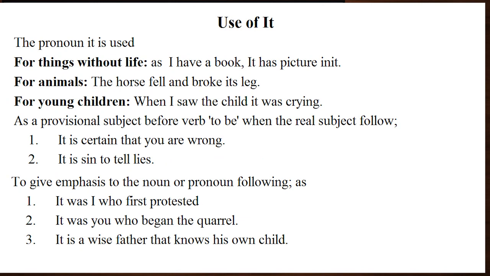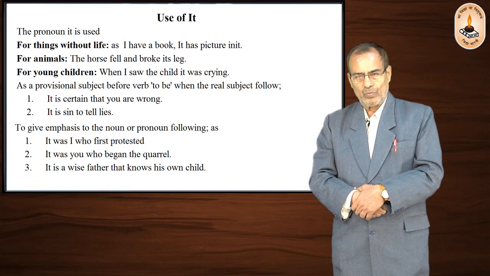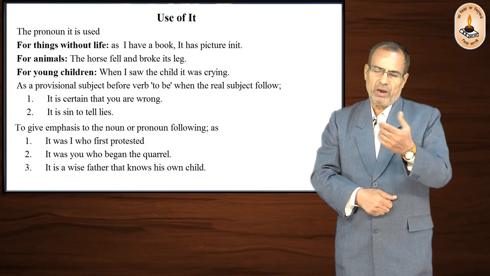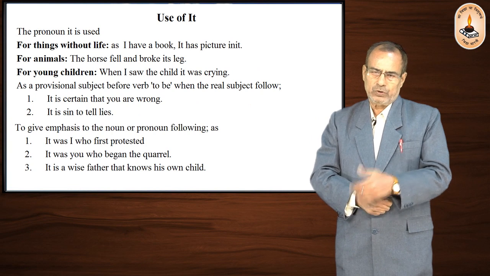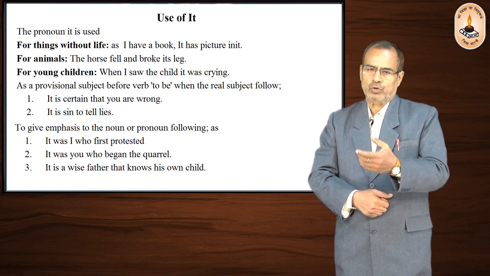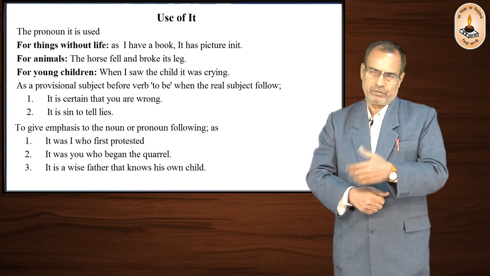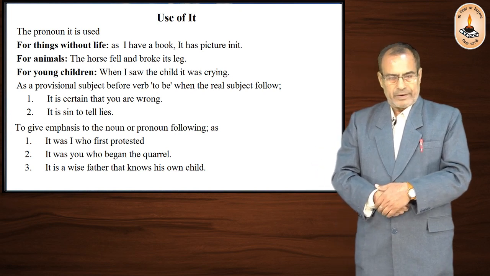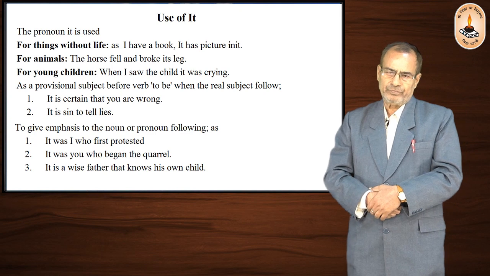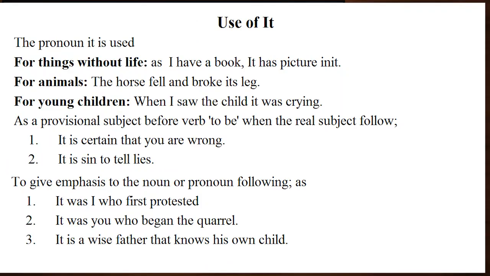It is used for things without life, just as table, chair, doll, toy, etc. It is used for animals, the small animals, when we see that it is difficult to say whether the animal is male or female.